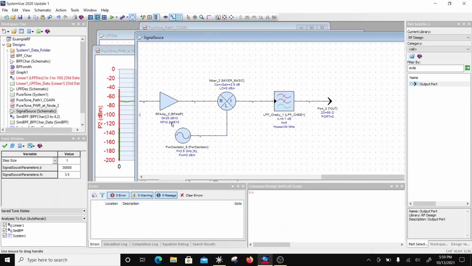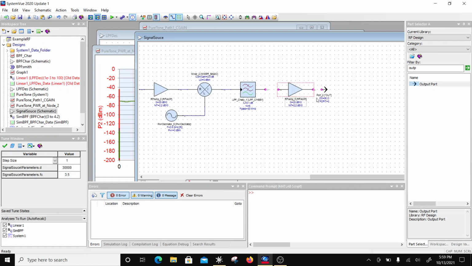But here you see that the gain is 20. I want something like, let's see, a gain of 60 dB on this. So I am going to put in 40 more dB here.